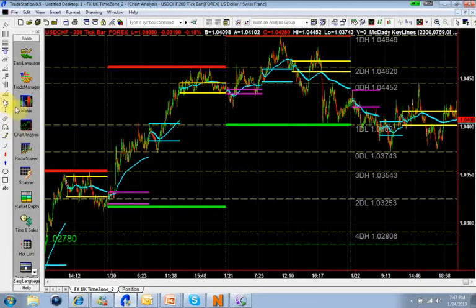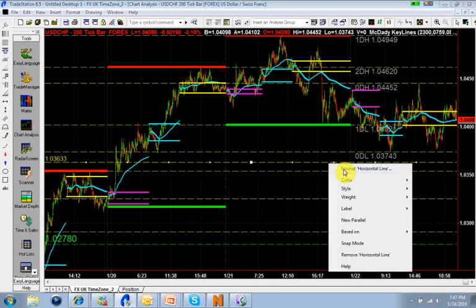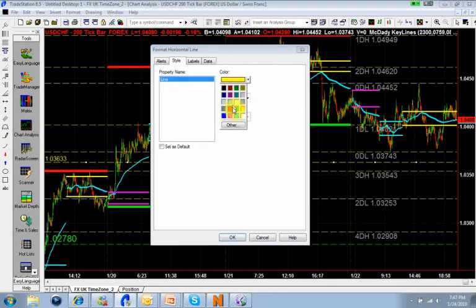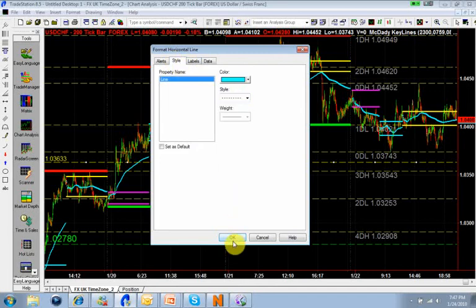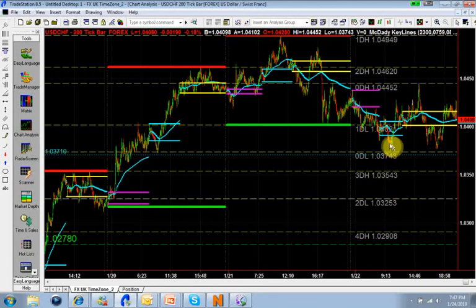So basically in this case, the low is 103.74 and my structural point is 103.71, so we are not going to go short the dollar Swiss unless it trades below. And you can see how nice it is, this is your structural point. Even on the intraday, you can see that this is the structure, and it is also lining up with the structure on the daily and the weekly chart of 103.71. So we are not going to be short the dollar Swiss unless it trades below the 103.71.